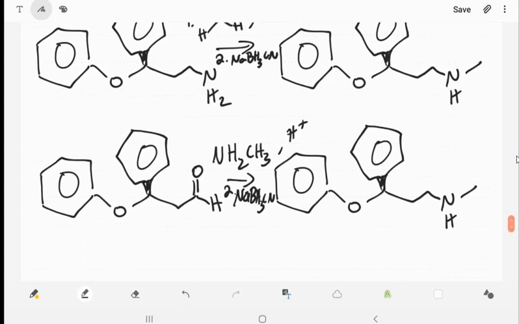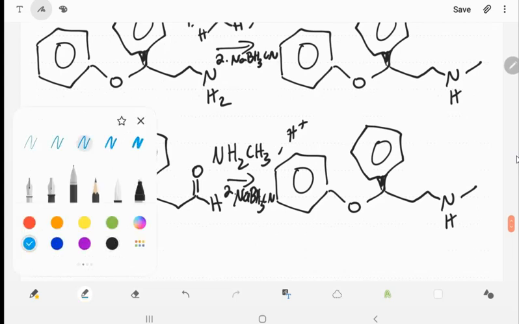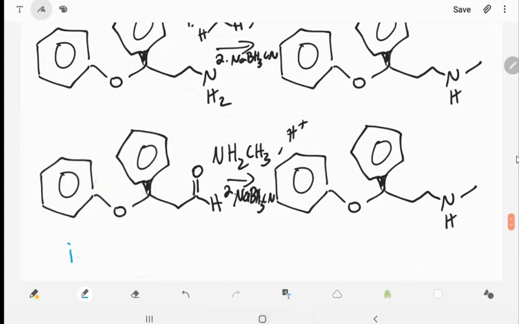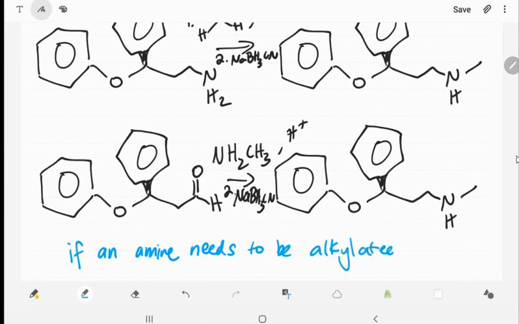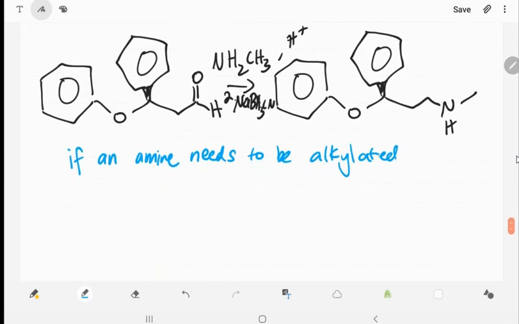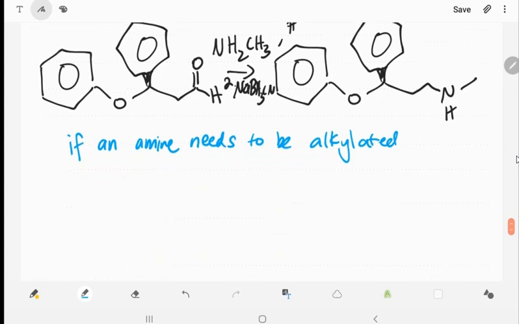So the point of this is that if an amine needs to be alkylated, so let's say we're trying to make this thing.